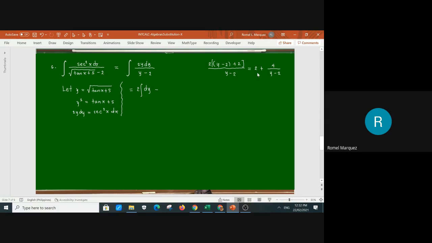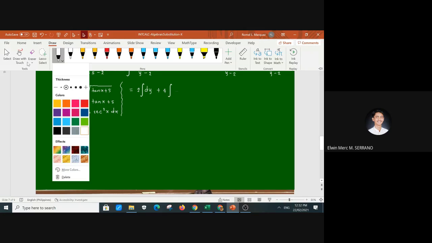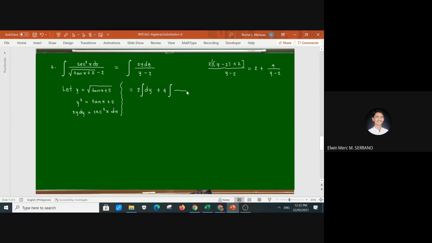And for the second integral, plus 4 times the integral of 1 over y minus 2 dy, or that is dy over y minus 2, no?